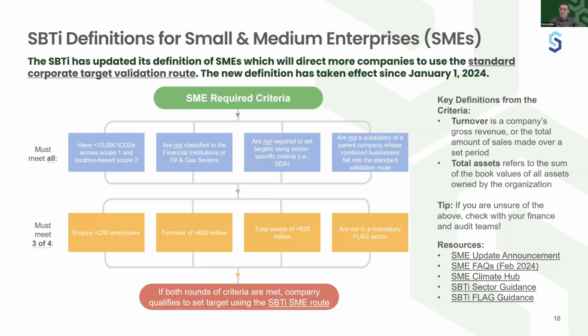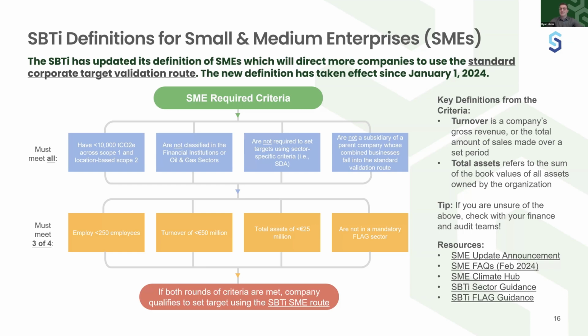So to qualify as an SME, you first need to meet all the criteria in that top blue row on the slide here. So this includes things like being under 10,000 tons of emissions, and not falling into certain sectors like financial institutions or oil and gas. Then you also need to meet three out of the four criteria in that bottom orange row.